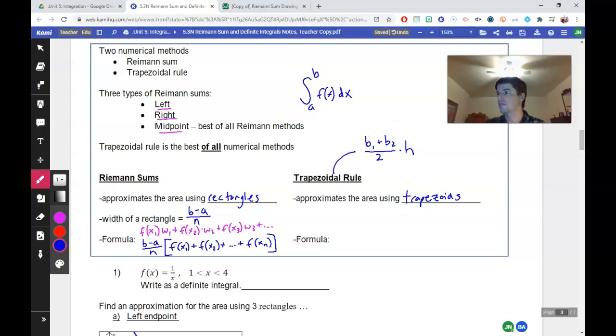But a neat thing happens: you can actually factor out some of this, and we're going to look at this towards the end of the video, to where you get this formula: b minus a over 2n, times the first value, f of a, plus 2 times all the middle ones, so 2 times f of x sub 1, 2 times f of x sub 2, all the ones between a and b, until the last one, which you don't multiply by 2. We'll look at how to do that a little bit later too.